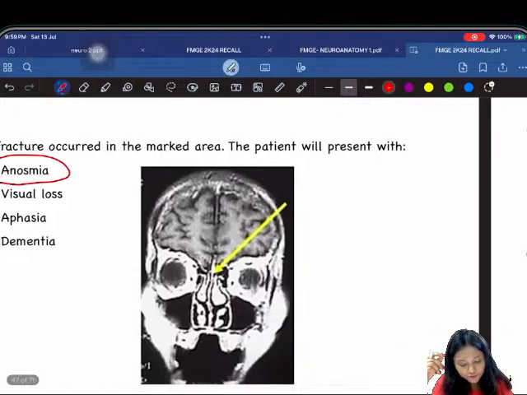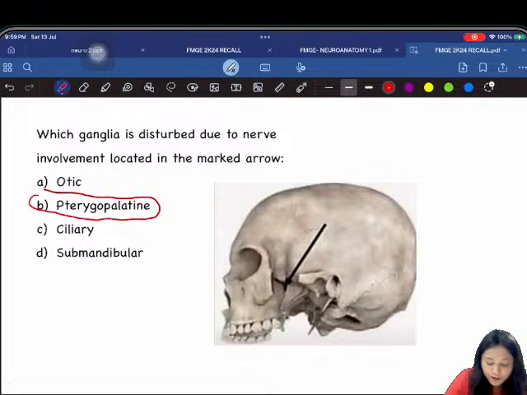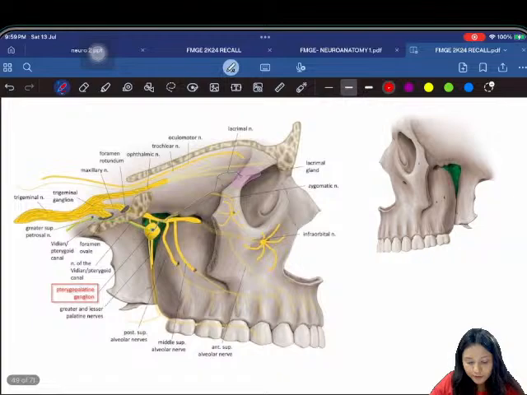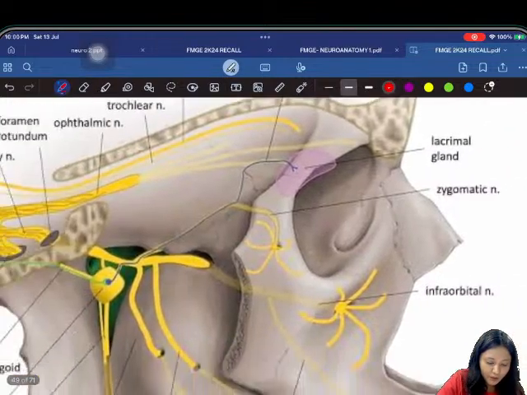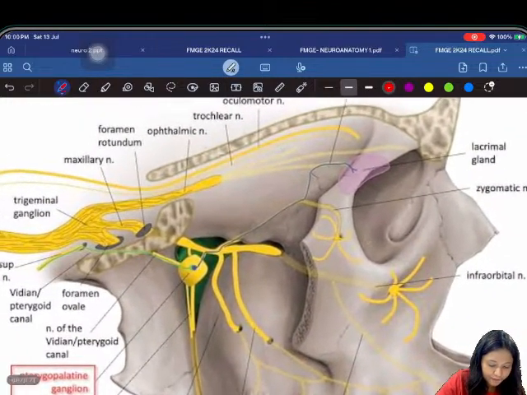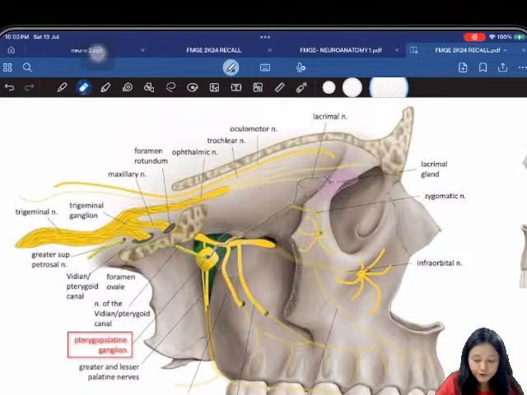Okay, that answer was anosmia. A question on the pterygopalatine ganglion, they have marked the pterygopalatine fossa. So you know the location of the pterygopalatine fossa is just below the maxillary nerve. So you have the pterygopalatine ganglion here. Okay, so this question came.